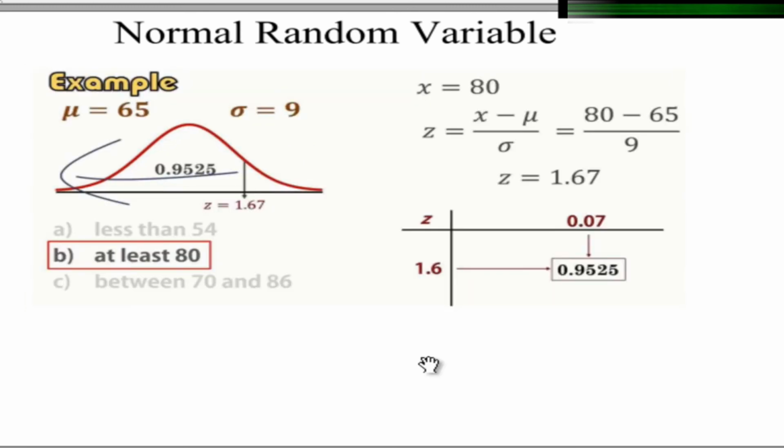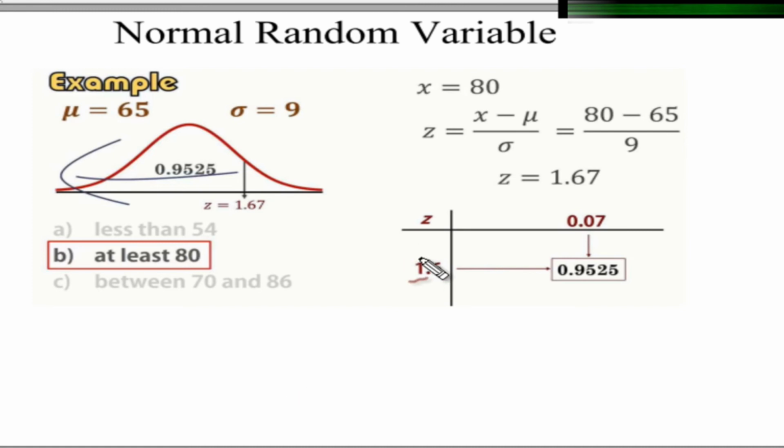Again, the same procedure. You have mu 65, sigma 9, and now the value of x is 80. Put these values here, and you will get the z value 1.67.